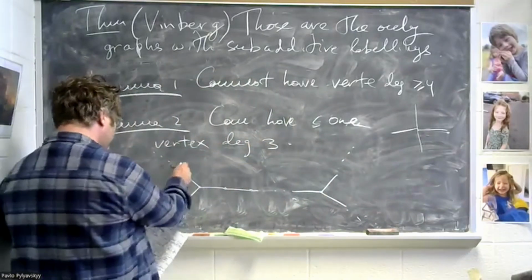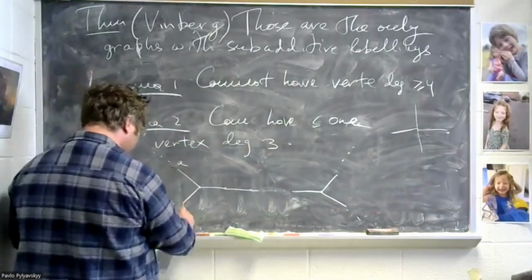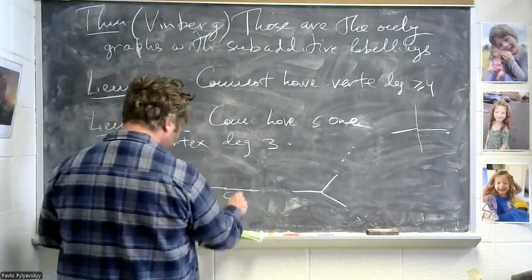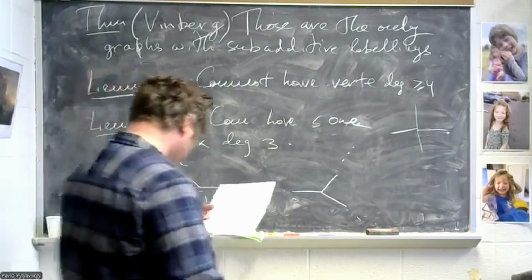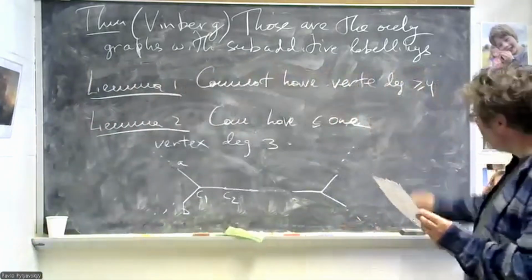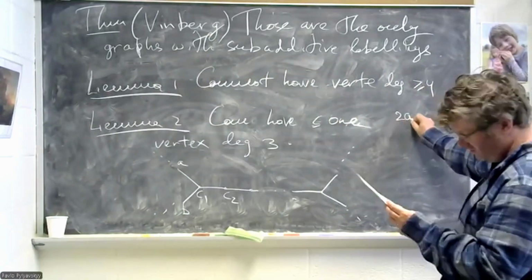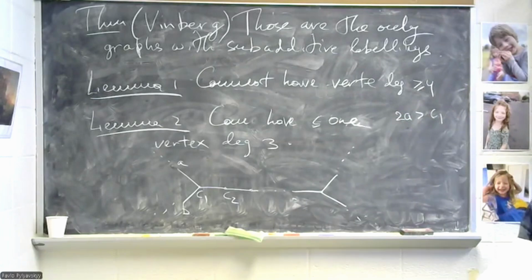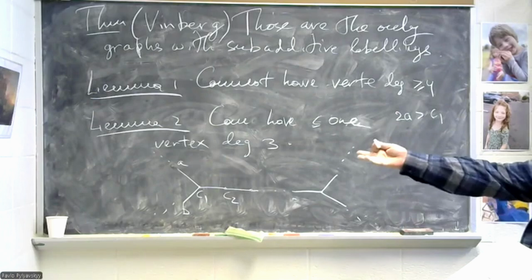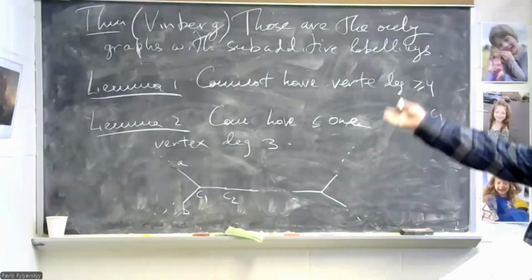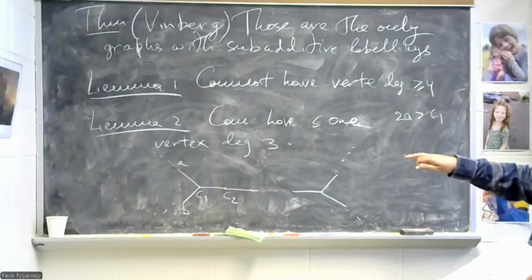Well, let's think about those numbers A, B, let me call this one C1 and C2. Here's what I want to say in this situation. My notes say that 2A is bigger than C1. Do you believe that? Because it's a subadditive labeling, twice A should be bigger than the sum of neighbors.